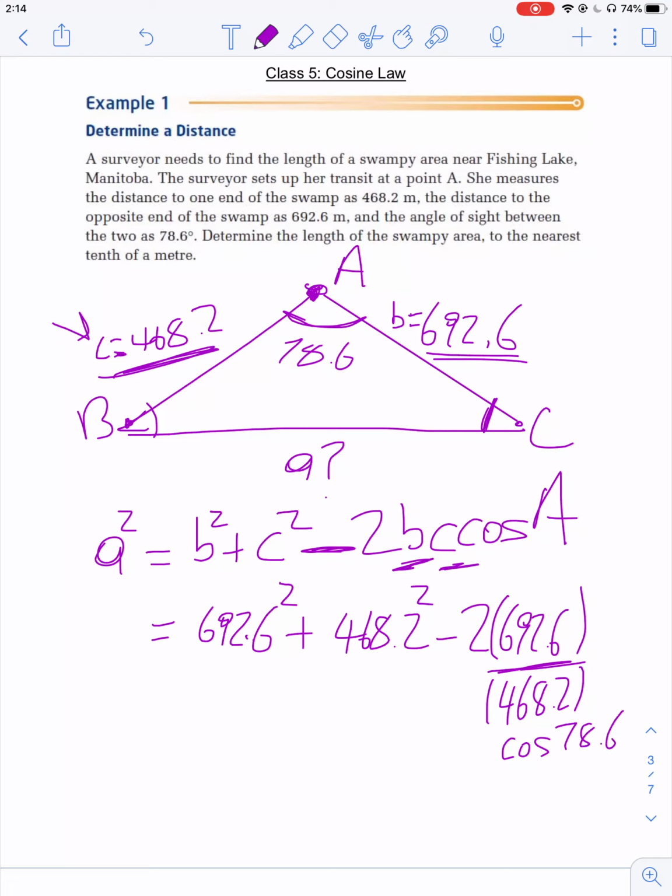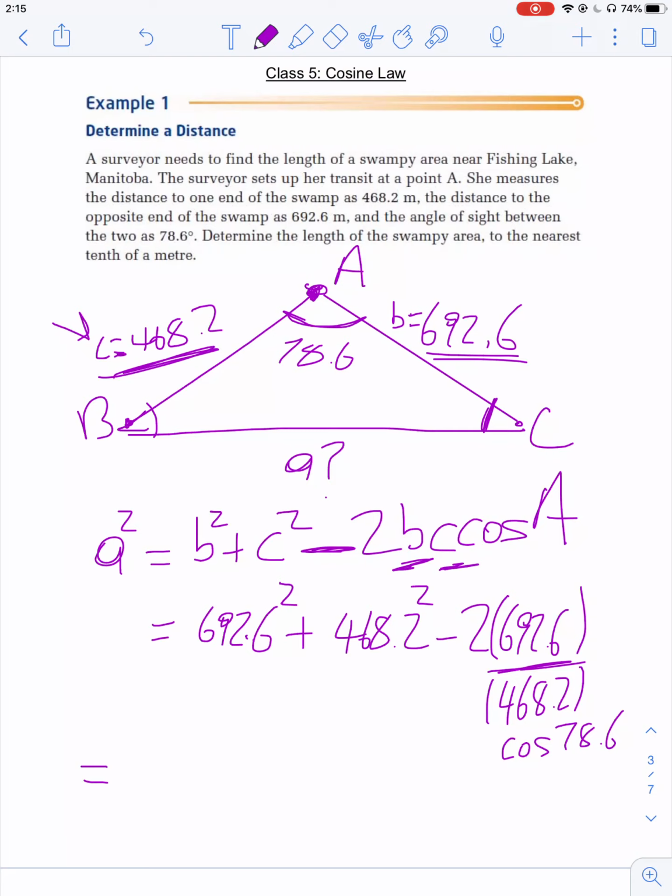Then just crunch everything into your calculator. So do 692.6 squared plus 468.2 squared minus 2 times 692.6 times 468.2, and then finally times cos of 78.6. Make sure you are in degree mode.